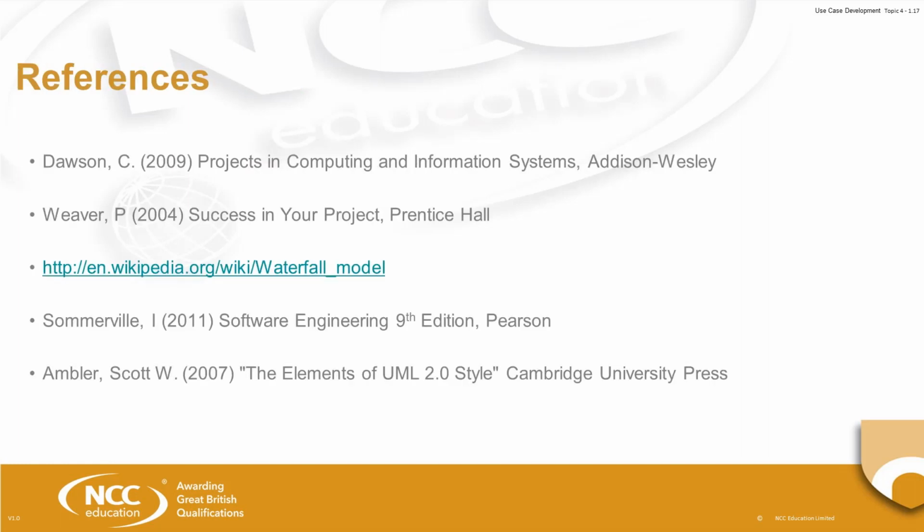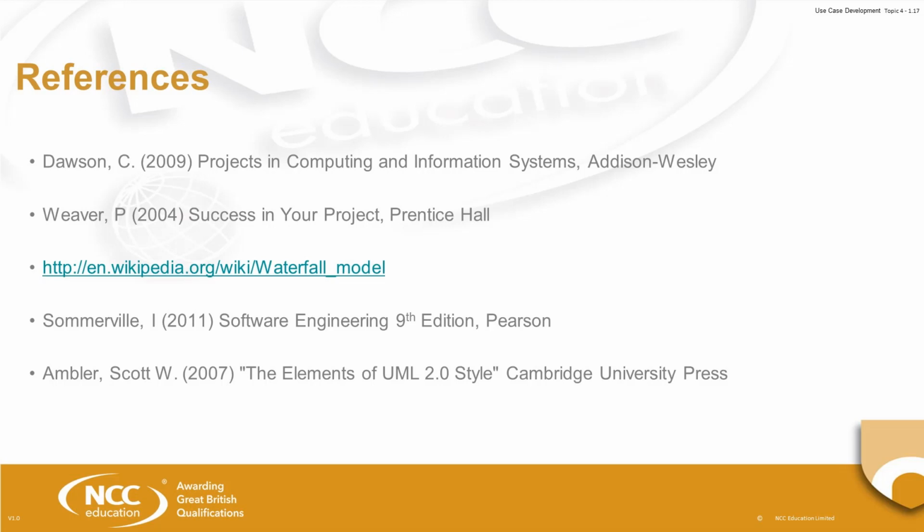Okay, so we've got the usual references of the Dawson and the Weaver book for looking at the projects. They don't really deal with use cases, although they will mention them as part of the systems development approaches. There's again a Wikipedia entry on the waterfall model on there, but there will be an entry on use cases, and that may be of some use as well.